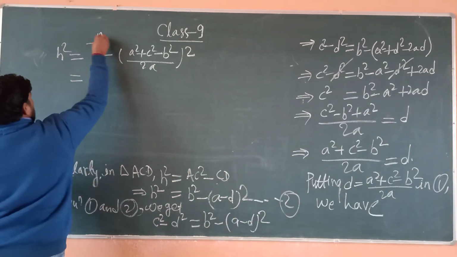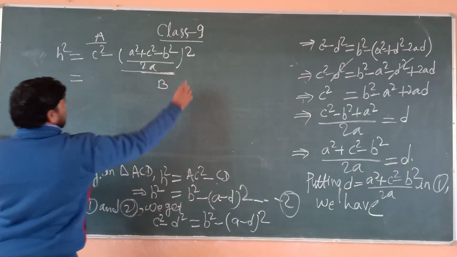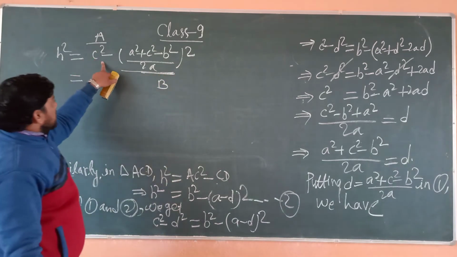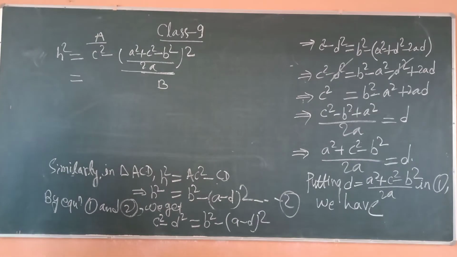Suppose it is a and it is b, then it is of the form a square minus b square.